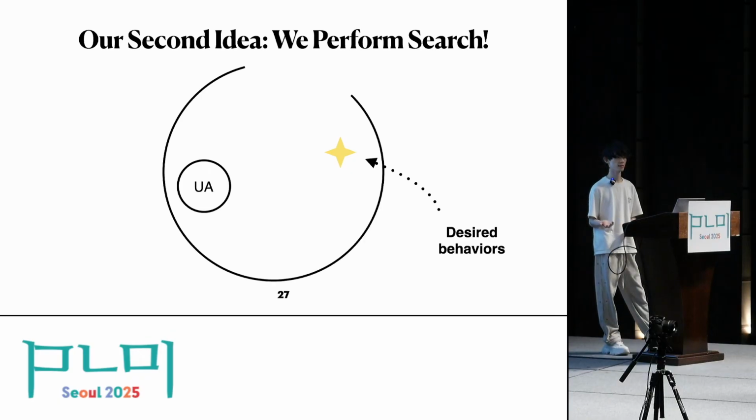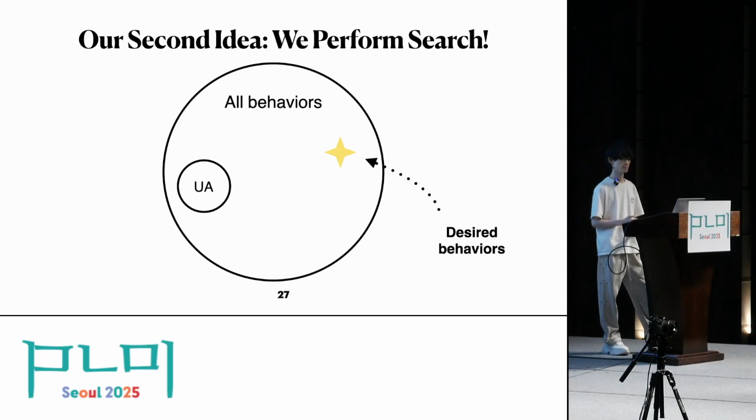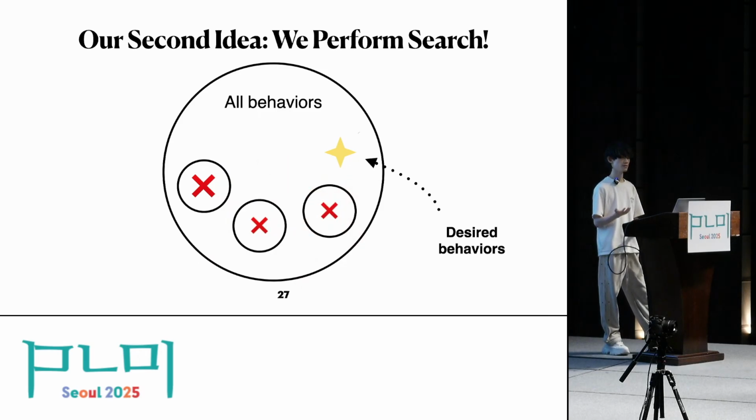To address this, our second idea is to define a family of under-approximations that collectively cover all behavior of interest, and then perform search within the family, therefore making our approach complete. In this way, if one under-approximation doesn't capture any behaviors that meet the application property, we search for another under-approximation within the family until we find a desired one, or the search space is exhausted.